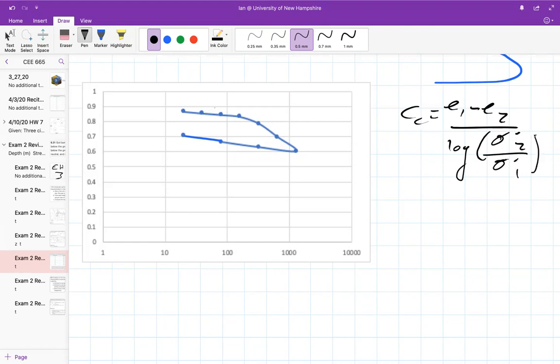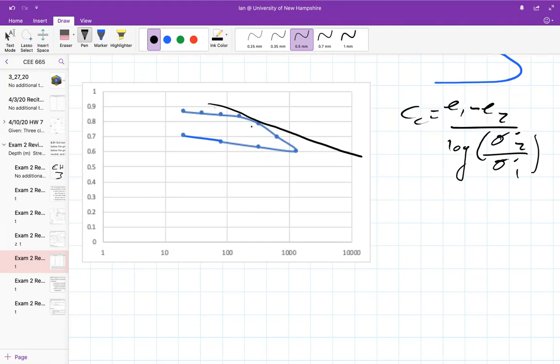I want to make it as easy as I can, so I want to use nice rounded numbers, and sometimes you have to draw a couple of different lines. What we want is a line tangent to somewhere about here, and I'm just going to extend this line out.